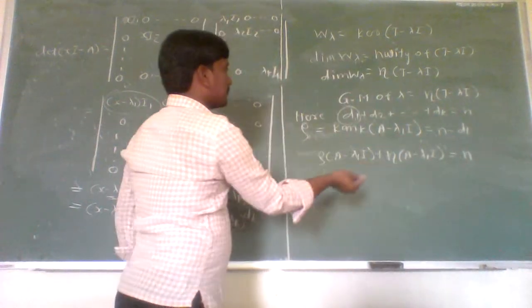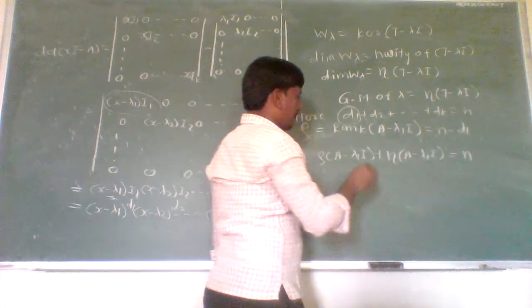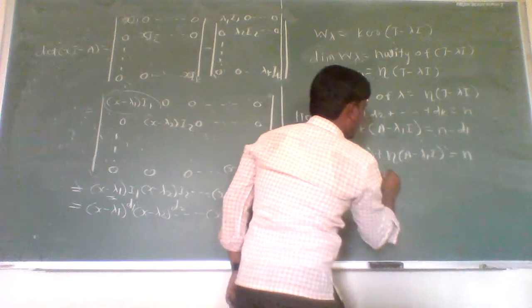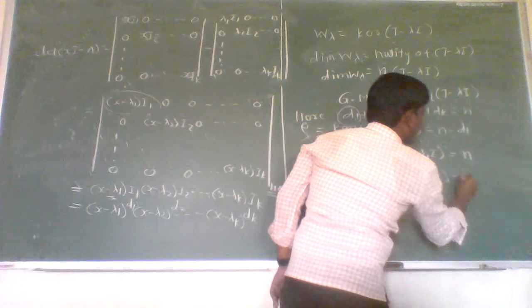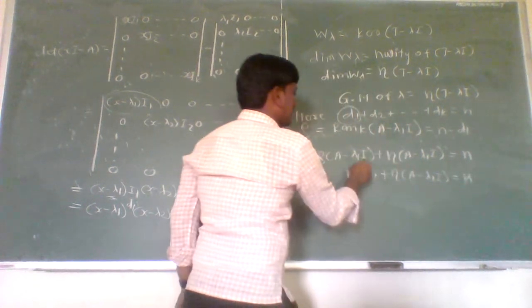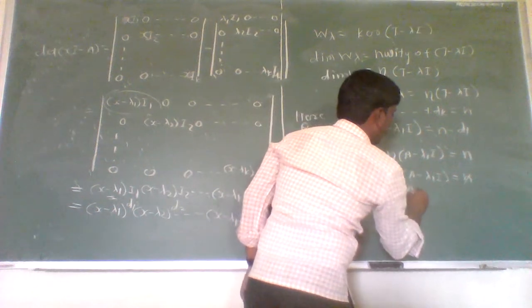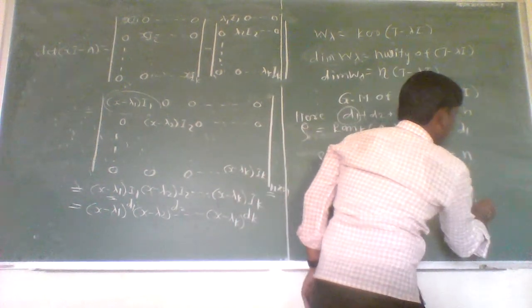Okay, now given that rank of A minus lambda 1 I is equal to n minus d1, nullity of A minus lambda 1 I plus rank is equal to n. N gets cancelled, and the nullity is nothing but d1.